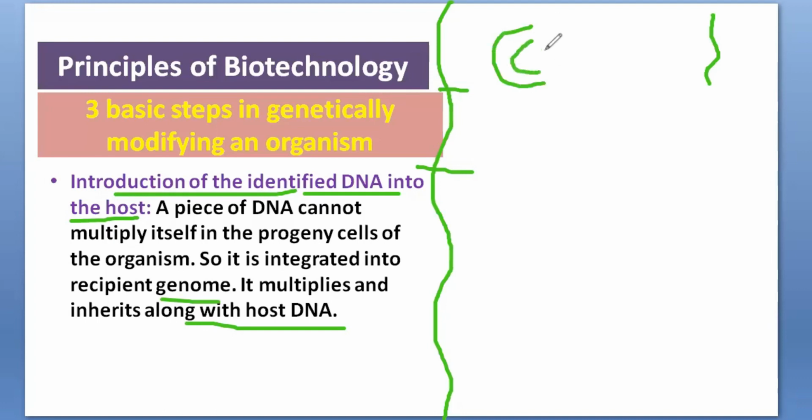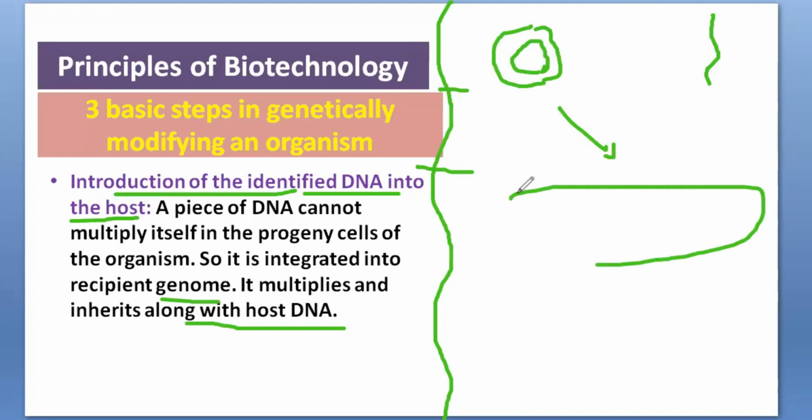Our desirable material is inserted into this vector, a plasmid vector, and this is known as recombinant DNA, rDNA. This recombinant DNA has to be inserted into the host. That is the second step.